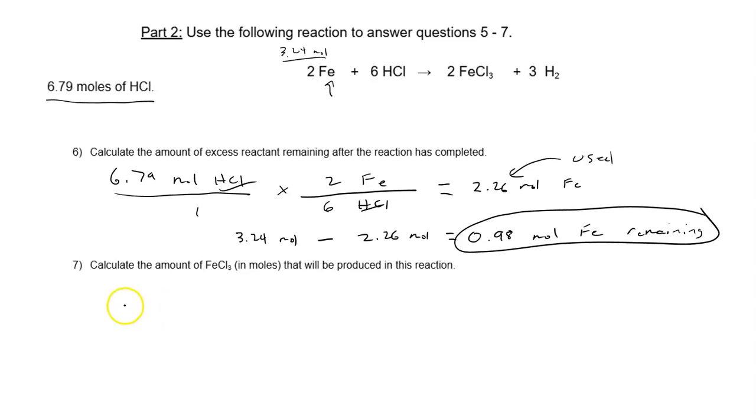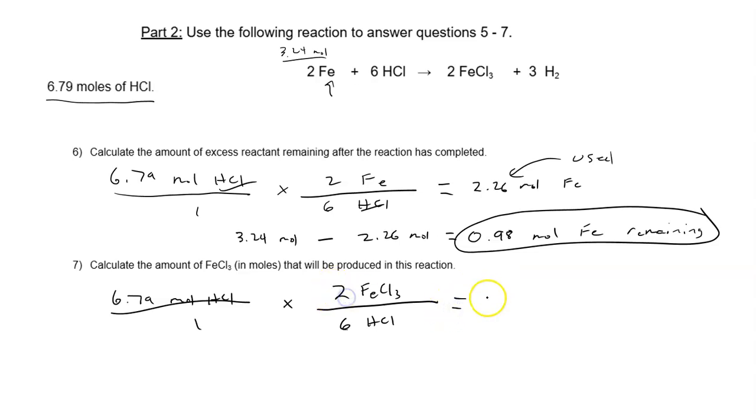Okay, so for this one, again, we use our limiting reactant, 6.79 moles of HCl over 1 times mole ratio, 2 FeCl3 for every 6 HCl, and I'm going to get 2.26 moles of FeCl3.